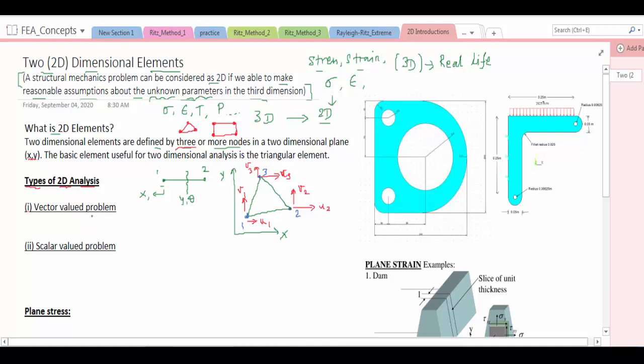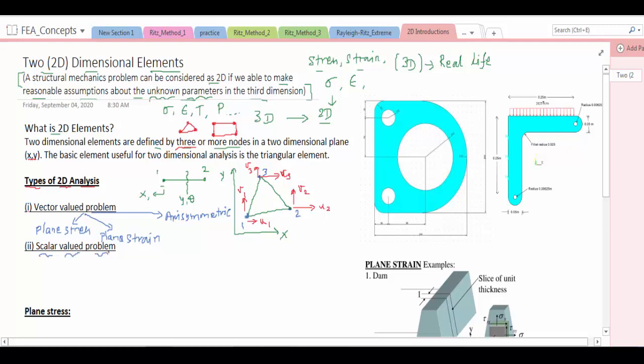One is a vector valued problem and another is a scalar valued problem. In the vector valued problem, we again have three types. One is plane stress, another one is plane strain, and the third one is axisymmetric. Now we can go with the scalar valued problem.